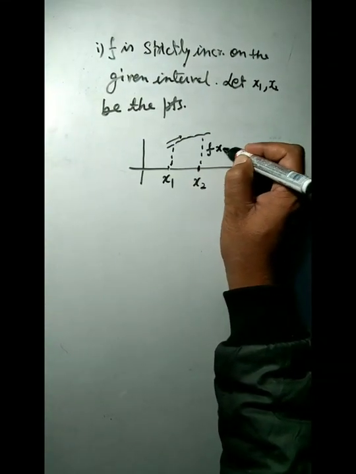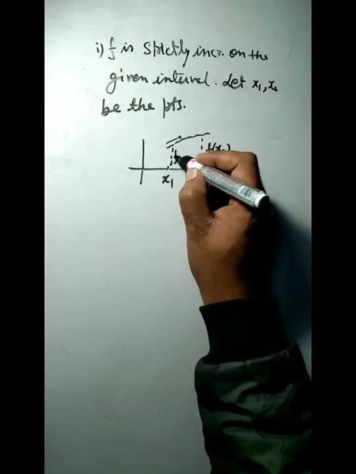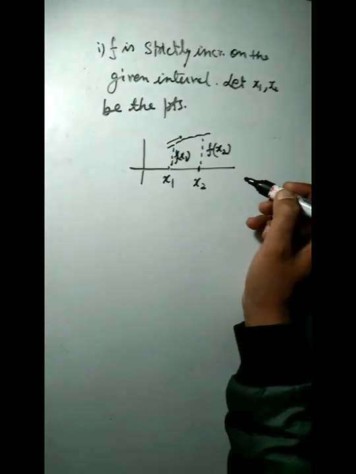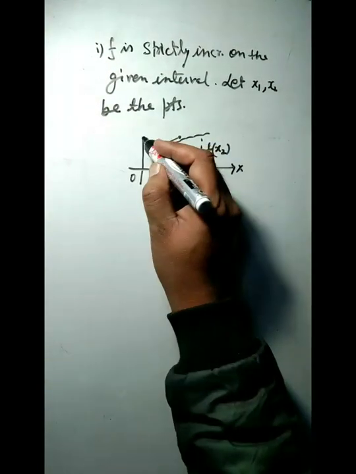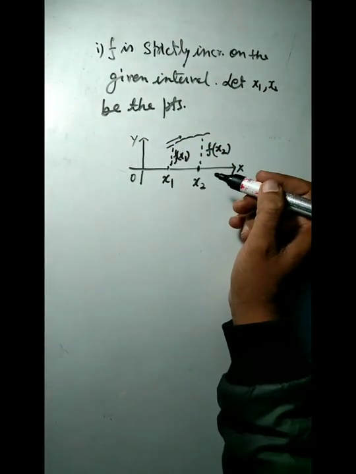So this is f(x2) and this is f(x1), and this is origin, this is x-axis, this is y-axis.